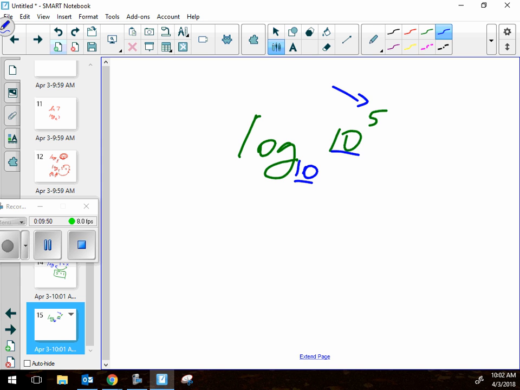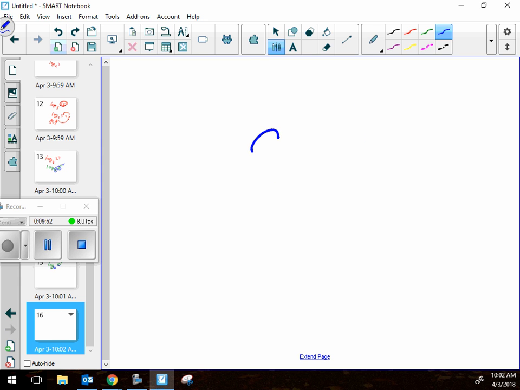All right, one more pattern that you saw a lot was like this. 9 to the log base 9 of 7. I'm trying to make it really obvious. They both have the bases showing. The bases are the same. What's the answer? 7. So here's where that gets a little more obscure. If I say 10 to the log 3, you don't see the two bases that are equal, but you think it through.